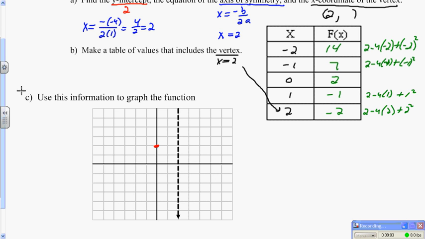And then we will plot the vertex. So the vertex is when x is 2, the y is -2, so this is our vertex. And from there, everything will mirror. I'll stop here, and I'll call this the end of part A.